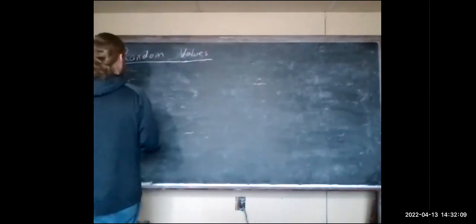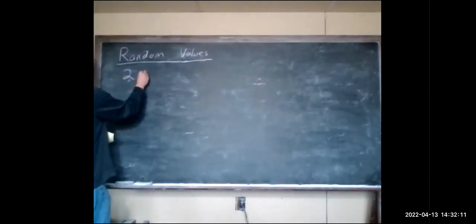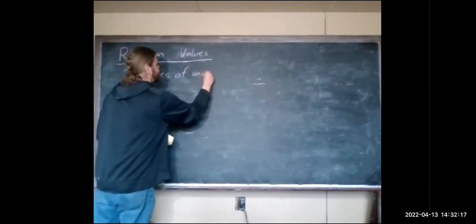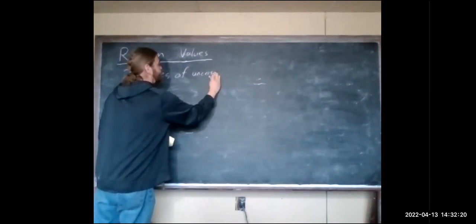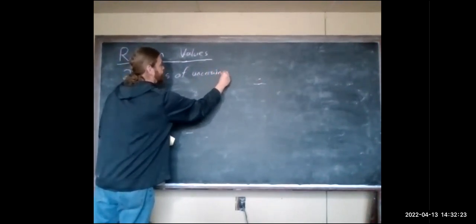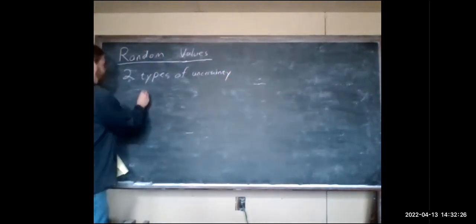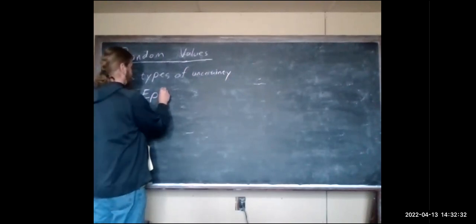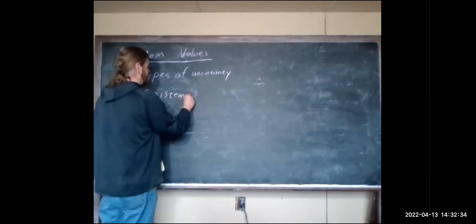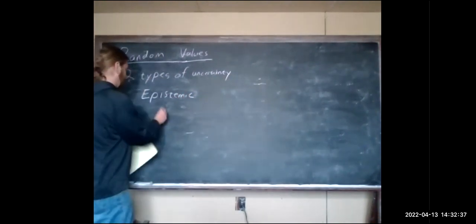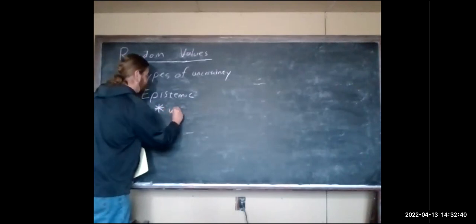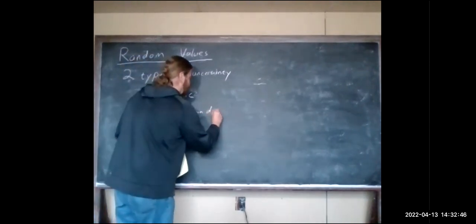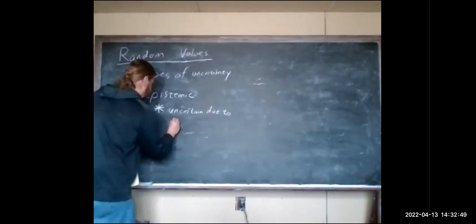So there are 2 types of uncertainty like that. The first one is like the deck of cards. That's epistemic uncertainty, which is uncertain due to a lack of knowledge.